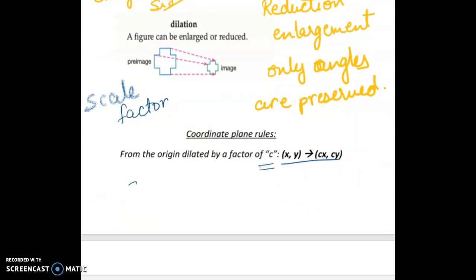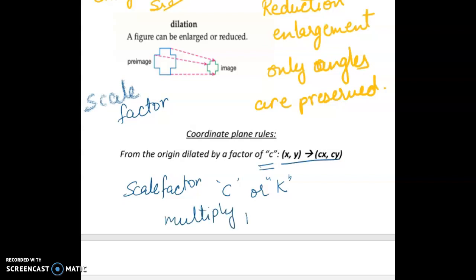So the basic idea is the scale factor. It can be represented either with C or with K. So we multiply the pre-image with the scale factor.